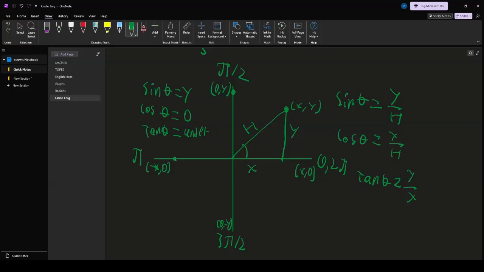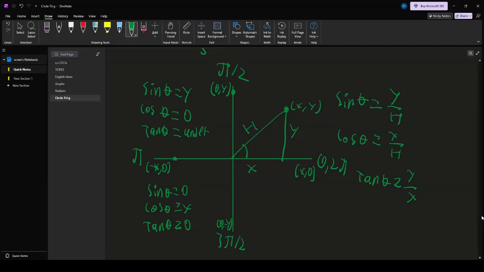If your point is on the x-axis, it'll go like this. Sine theta equals 0, cos theta equals x, and then tan theta equals 0 as well.